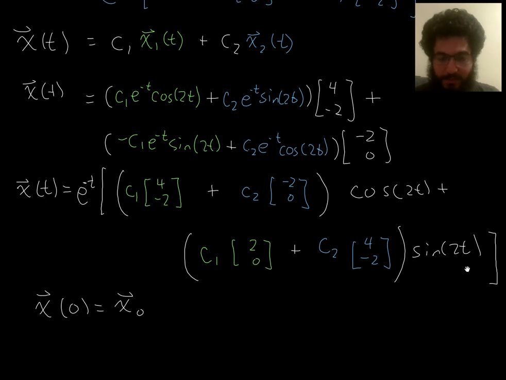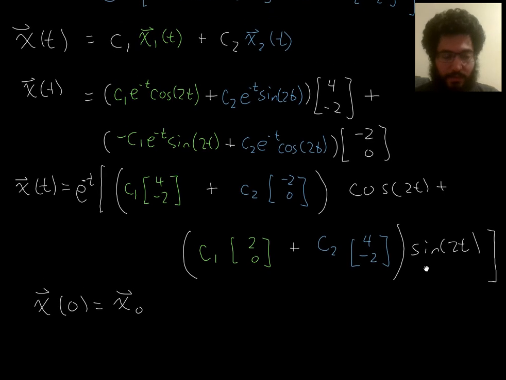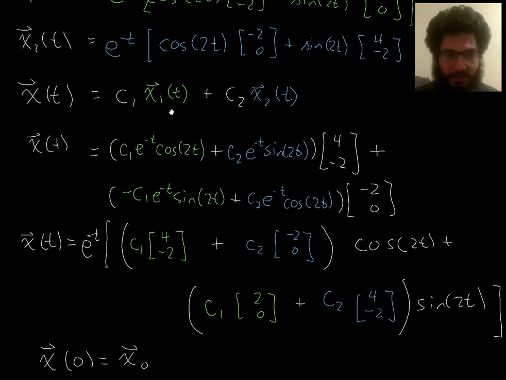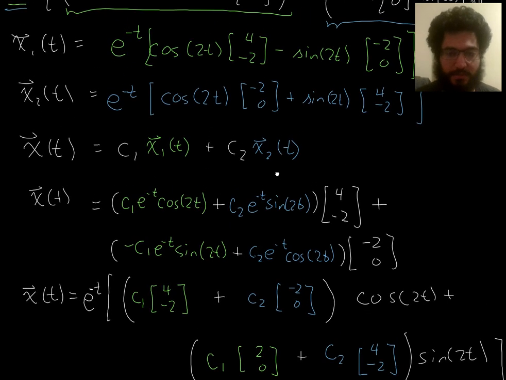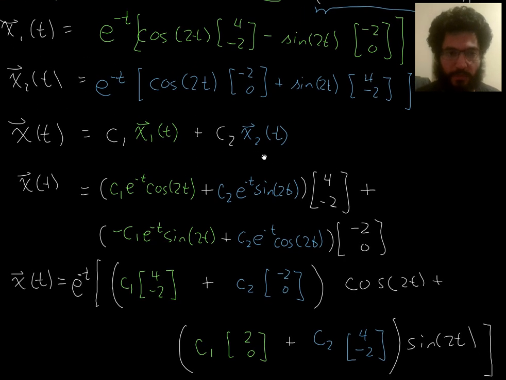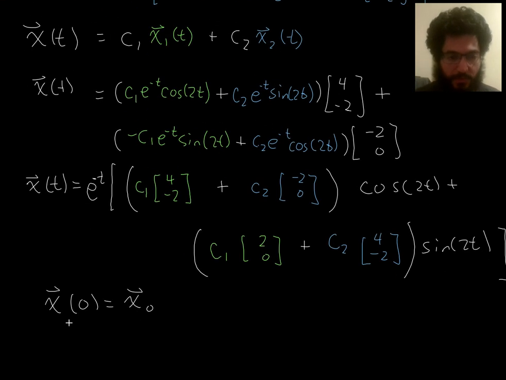I can write it like this, grouping it by cosine parts and sine parts. Let me think about this. Okay, I thought about it. I think I like the original way of writing it, this first way here, the most. So in order to work out the left-hand side, it'll be nice to know what is the green x of 0 and what is the blue x of 0.